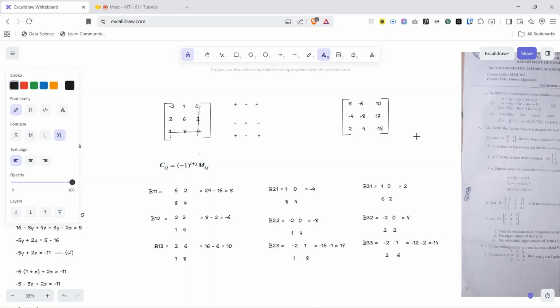So this is our cofactor. This is the cofactor of B.